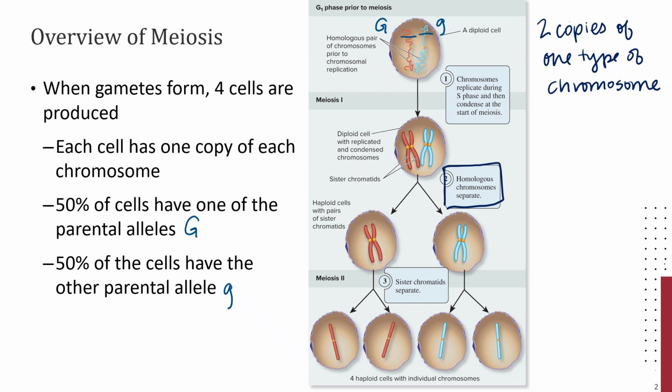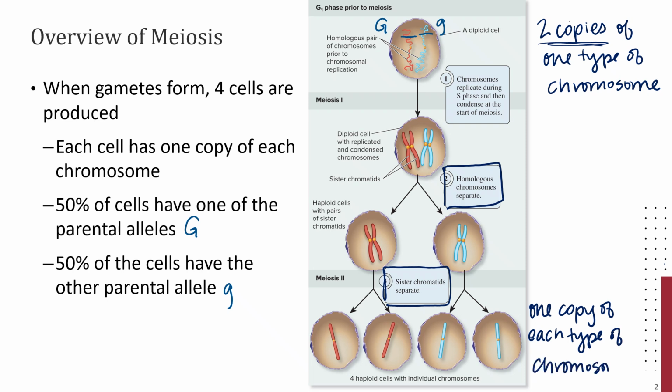Now this means we separate these 2 copies, one that originally came from each parent. In the second round of meiosis, we separate our replicated copies. And so what we end up with is 1 copy of each type of chromosome in each of our gametes.